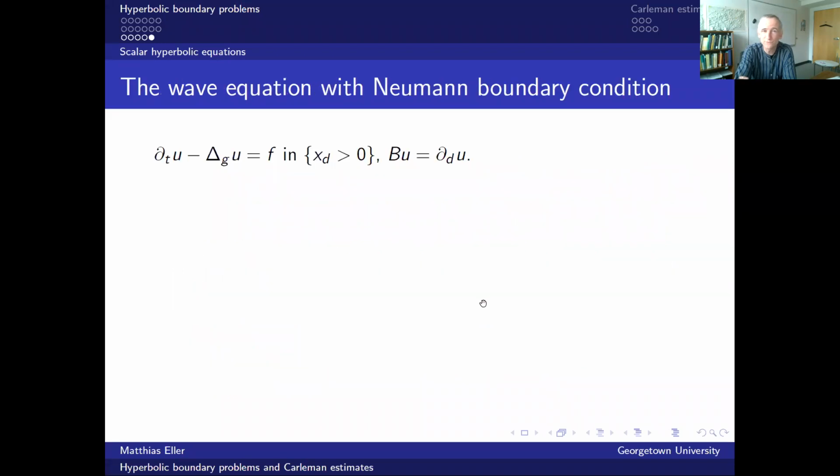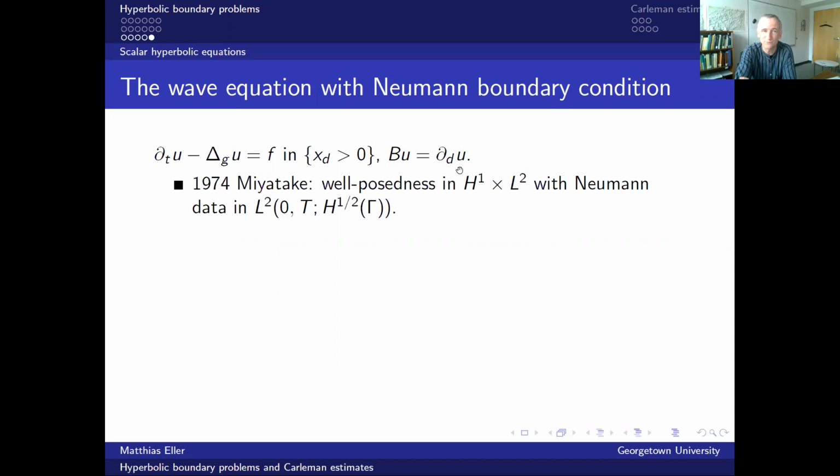A few words just to show how sophisticated this theory has evolved. What about the Neumann problem? Miyatake in 1974 already showed you have well-posedness in the finite energy space, H1 with L2. With boundary data, you have to make them a little bit higher regularity than H1.